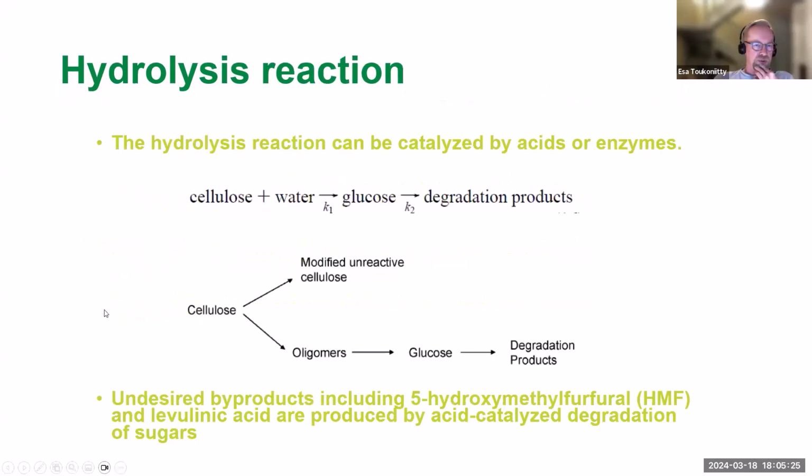But on this course, the purpose is not to go very deep into these things, but just to get an idea that there are different pre-treatment methods, and that it gives possibilities to utilize the lignocellulosic biomass. It makes the utilization easier and improves conversion rates to desired products.